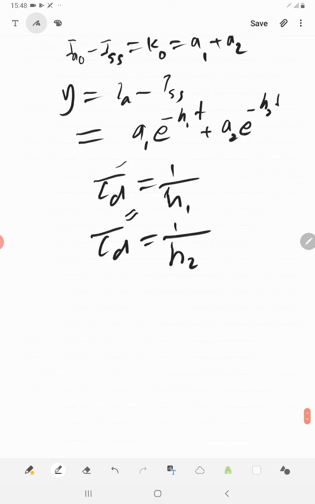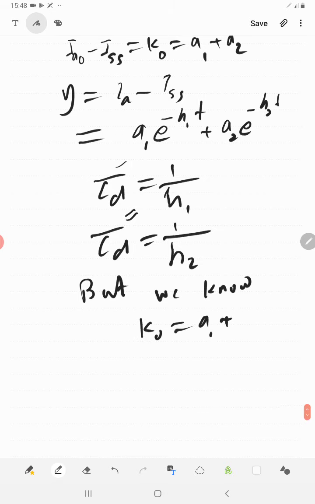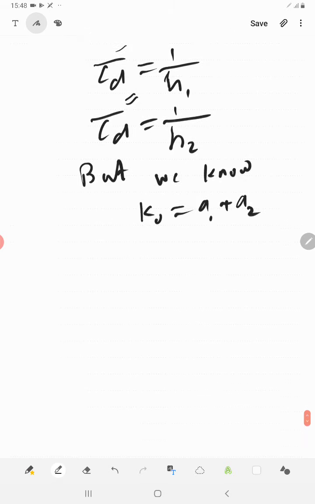Okay? So basically we have four parameters. But we know K0 equals A1 plus A2, so we can simplify it.